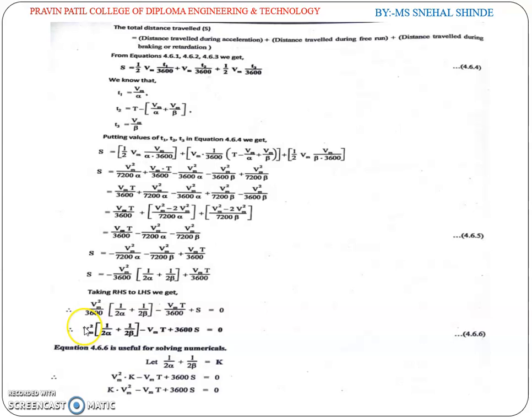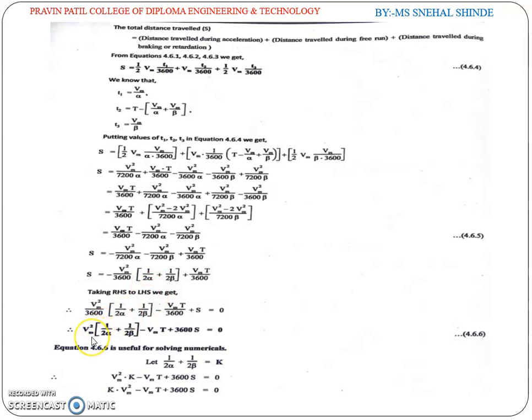So yes, it is taken. Then again plus Vm T divided by 3600. Now it is taken to the left hand side, so it will become minus. Then plus s will be as it is, then equal to 0. Simply we have taken all the right hand terms to the left hand side. These are the simple steps.